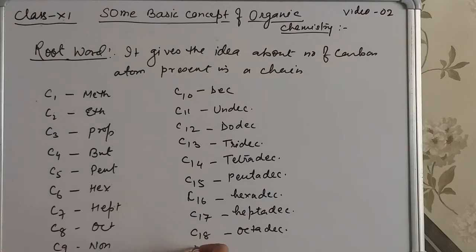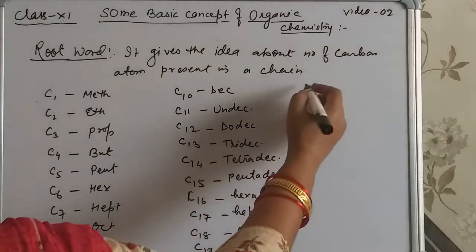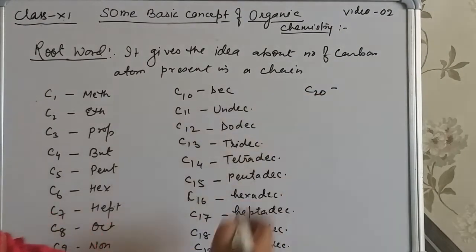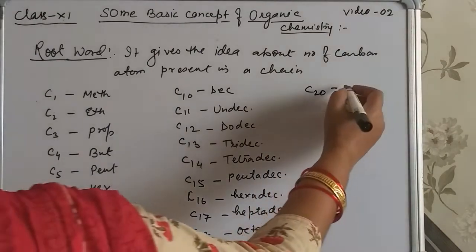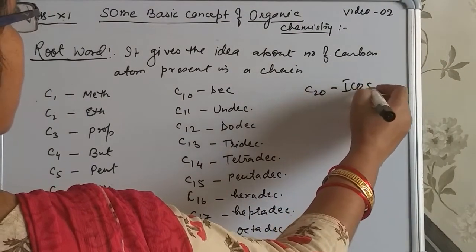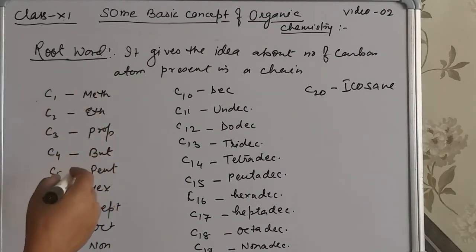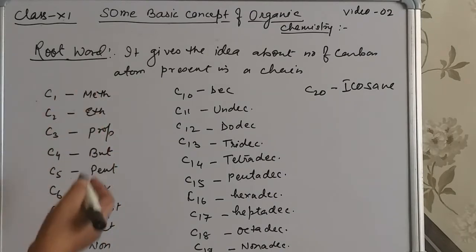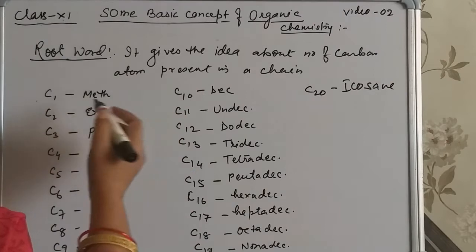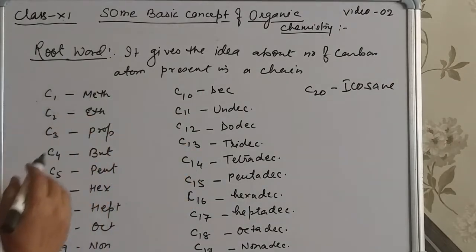Carbon 19, nonadecane. Carbon 20 is called icosane. So in this way we use the root word for the corresponding number of carbon atoms present in a chain.